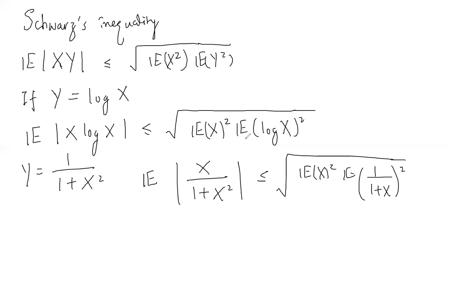Okay, maybe I just make it simple without the square. Okay, so with this Schwarz inequality, it gives you another way to find bounds for expectations of random variables.